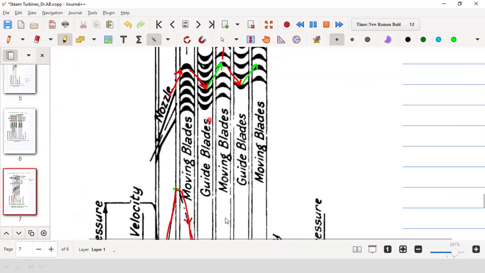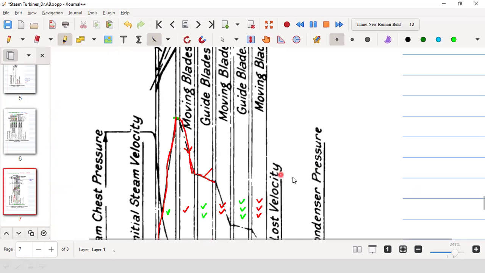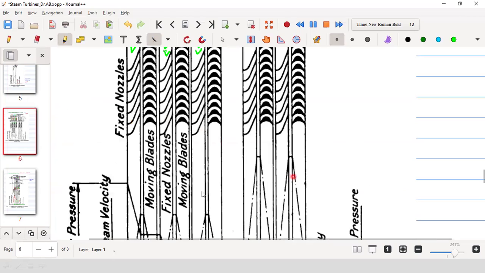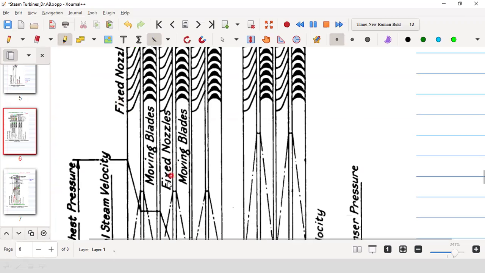These are guide blades, also called fixed blades. These are also called fixed nozzles. In case of a reaction turbine, we will see there will be expansion and moving nozzles. So that we will see.